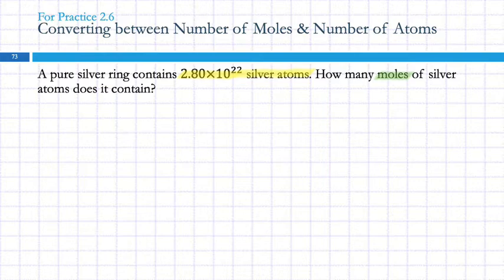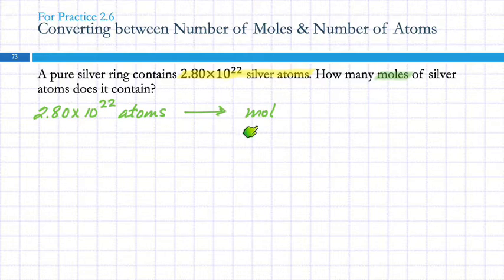So we're starting with 2.80 times 10 to the 22 atoms, and we're trying to find moles. Atoms are like eggs, moles are like a dozen.